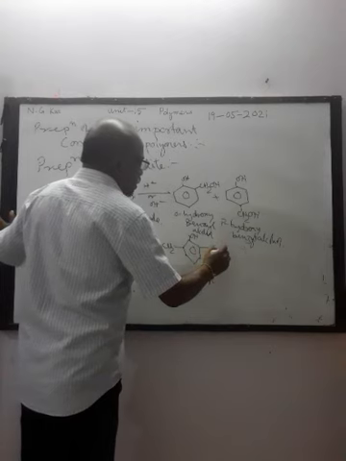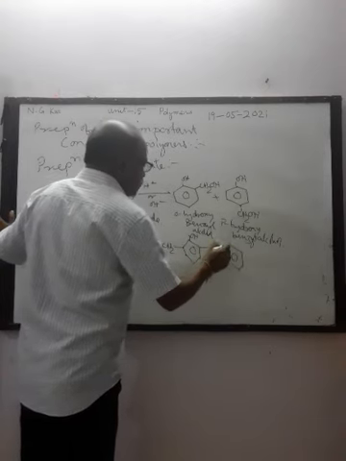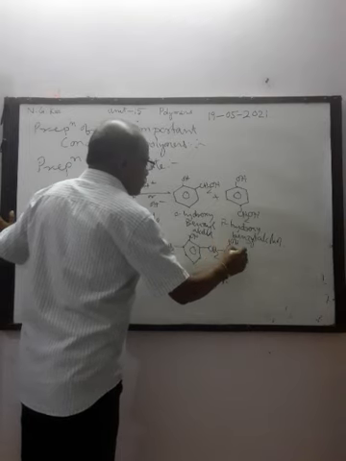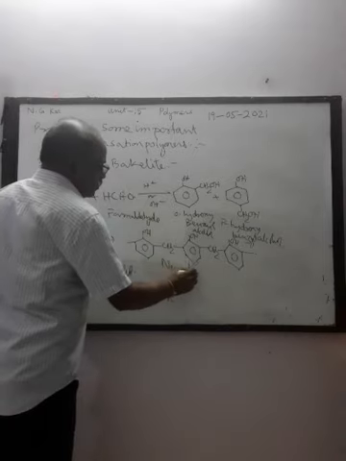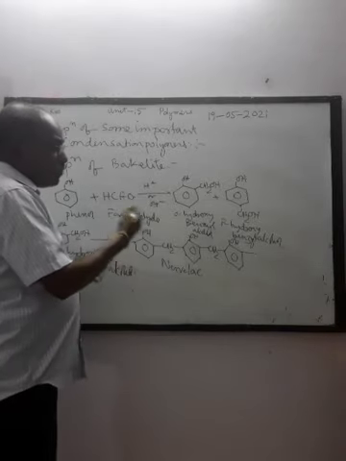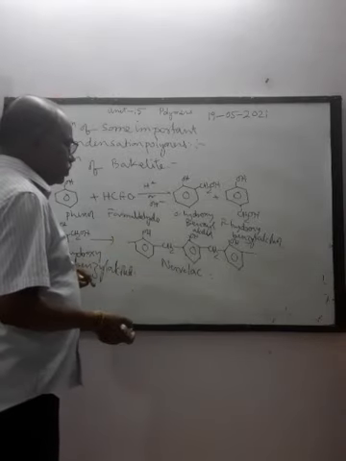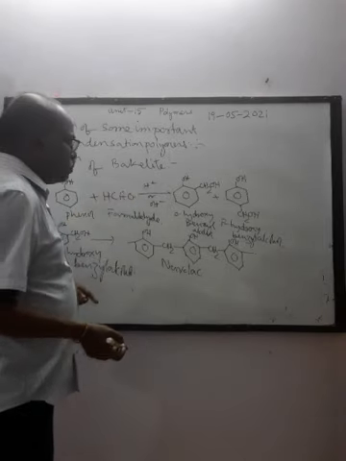This chain is repeated again and again, which is called novolac. Now, when it undergoes further condensation reaction, then we get bakelite, that is a cross-linked polymer.